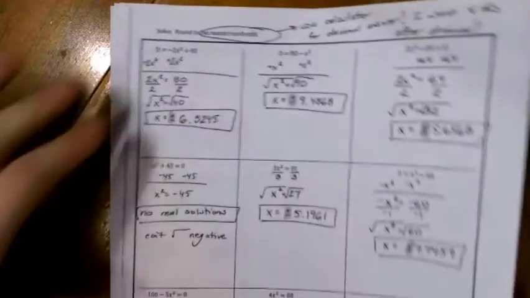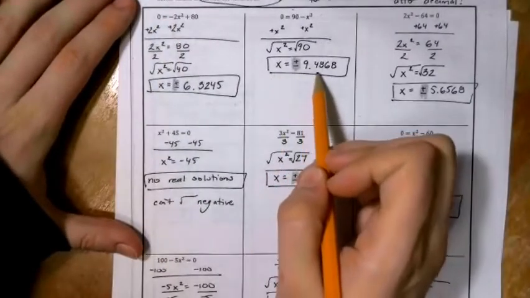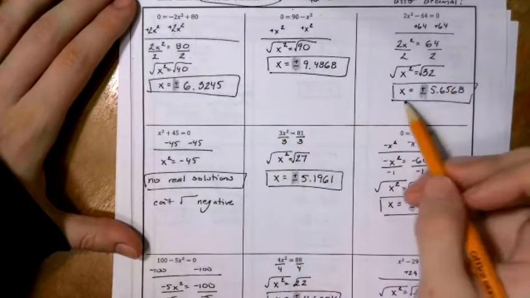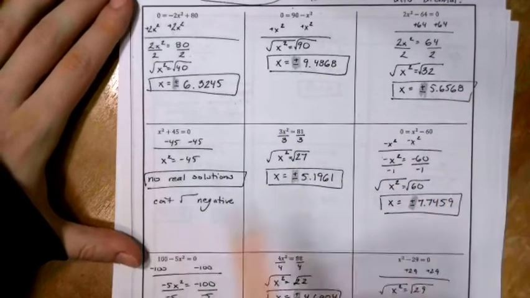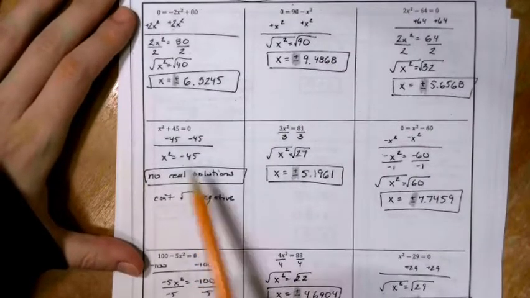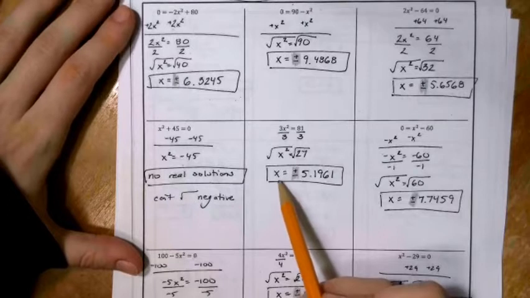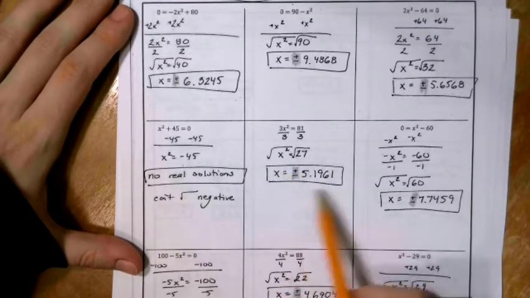All right, you should have gotten x equals plus or minus 9.4868. X equals plus or minus 5.6568. Our middle left is no real solutions. Can't do a negative yet. X equals plus or minus 5.1961 for your middle.